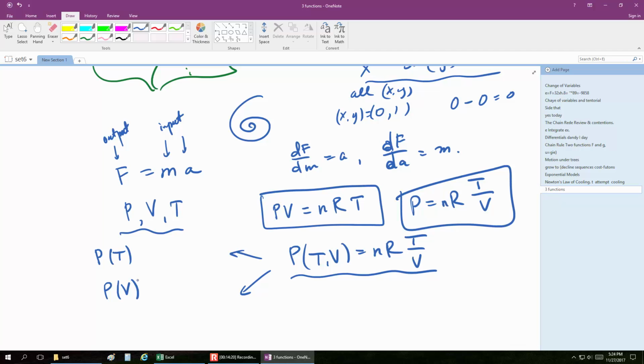Pressure depends on the temperature or the volume. Once again, as long as you have control over temperature, you have pressure, or you control volume, you have pressure. Or you can flip everything upside down, and have pressure being the independent variable, and temperature or volume being dependent variables.